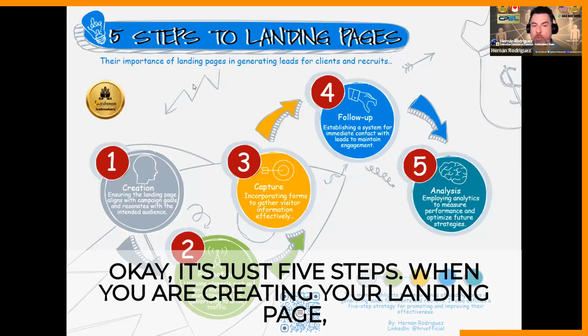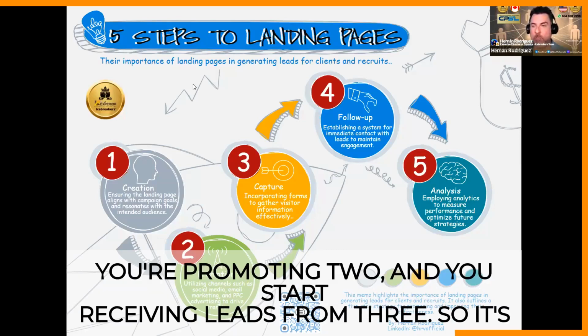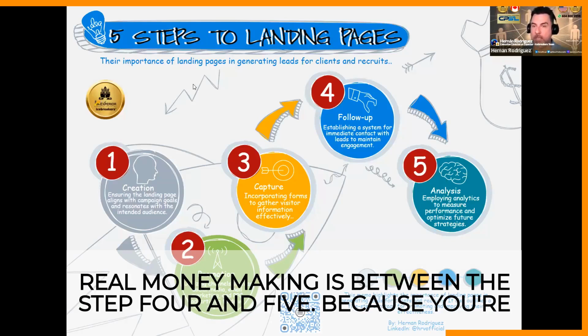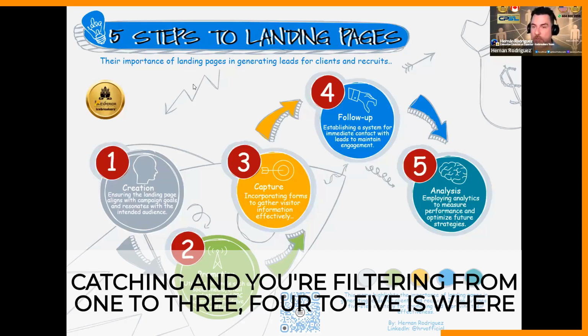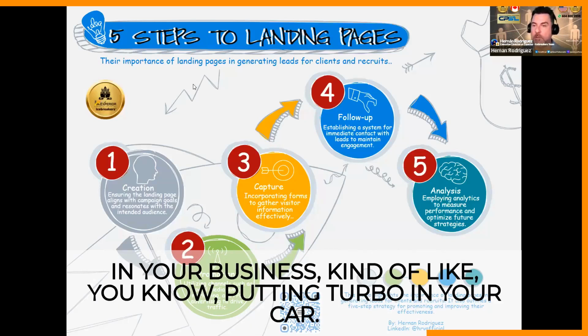When you are creating your landing page, it's actually steps 1, 2, and 3, because you're creating in 1, promoting in 2, and you start receiving leads in 3. So it's not like, oh my God, so many steps. No, it's 3. But your real money making is between steps 4 and 5, because you're catching and filtering from 1 to 3, and 4 to 5 is where you're converting and following up, and you are also doing intelligence in your business, kind of like putting a turbo in your car.